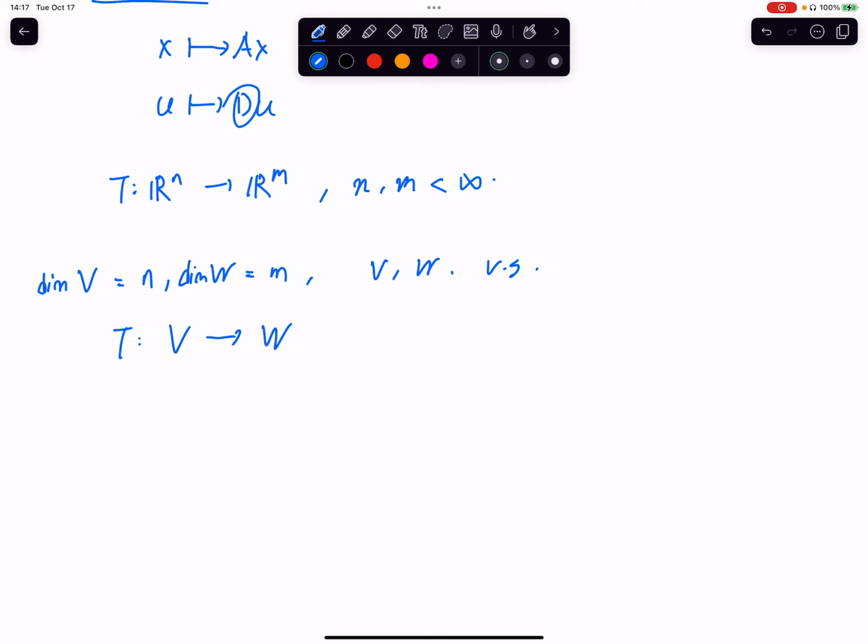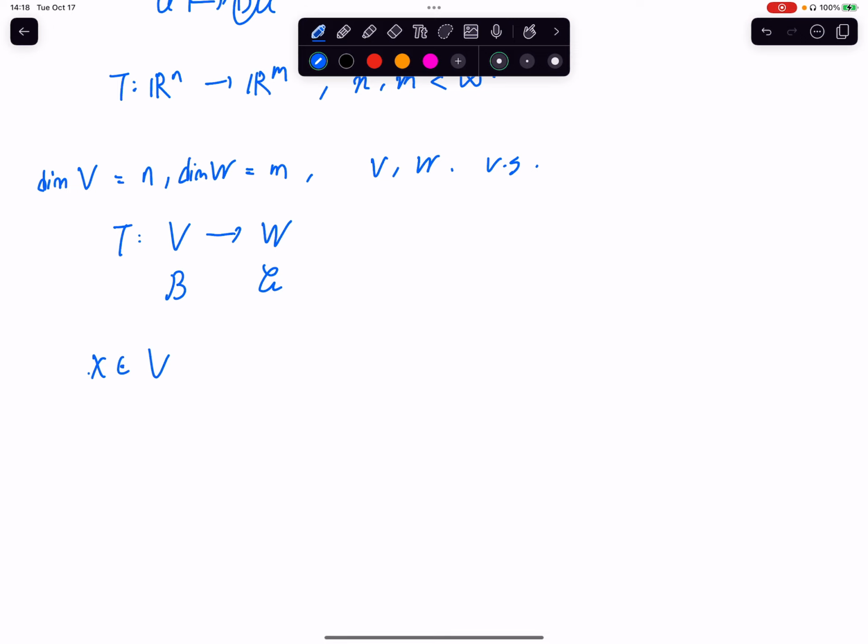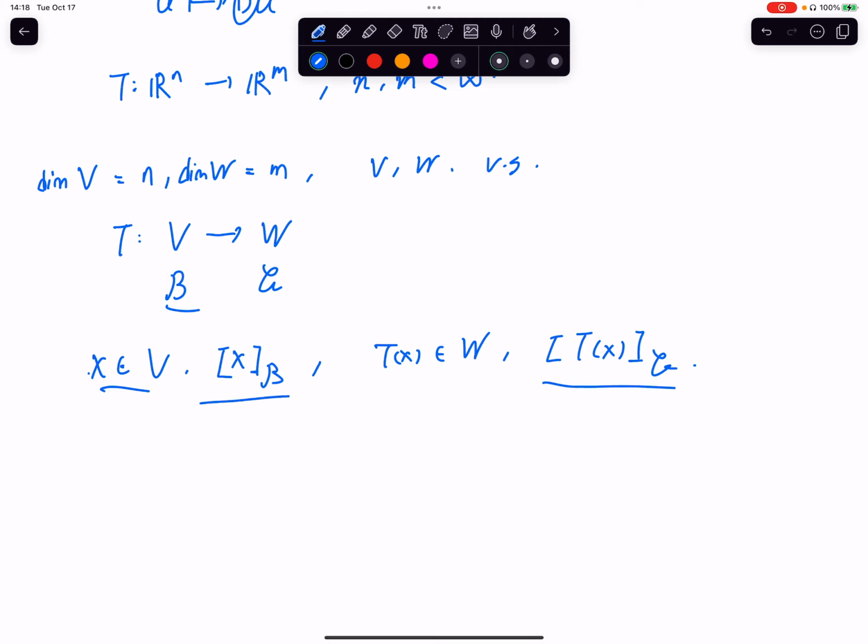So we have an ordered basis for V, namely B, and an ordered basis for W, namely C. If we are given an x that lives in V, since B is a basis, there is a coordinate vector for x in Rn, that is [x]_B. The coordinate mapping from V to Rn is a coordinate isomorphism. Also, since x lives in V, we have T(x) lives in W, so we can denote on the other side [T(x)]_C. The first lives in Rn, while the second lives in Rm.